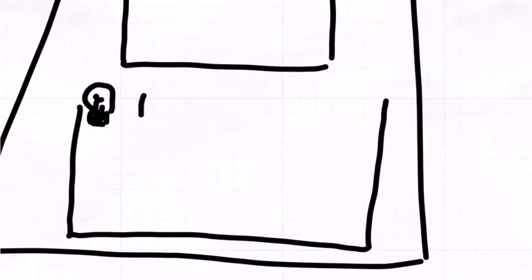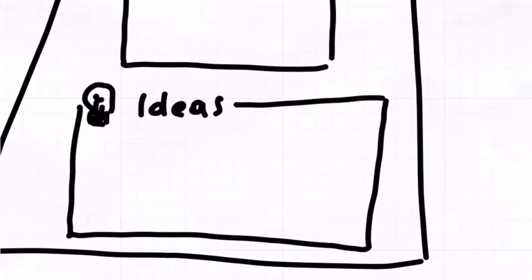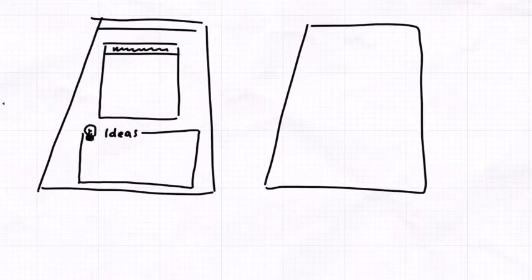So here, because the pen was a little bit too thick, the light bulb doesn't look that good, but it doesn't matter. We could also have different versions of that.